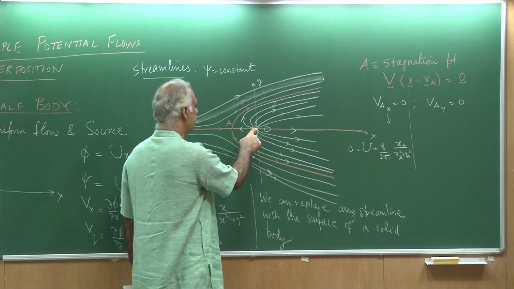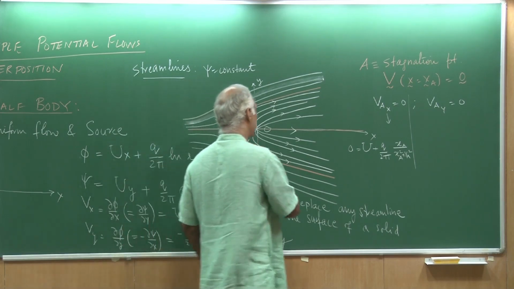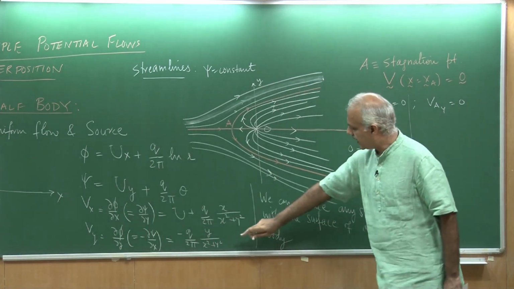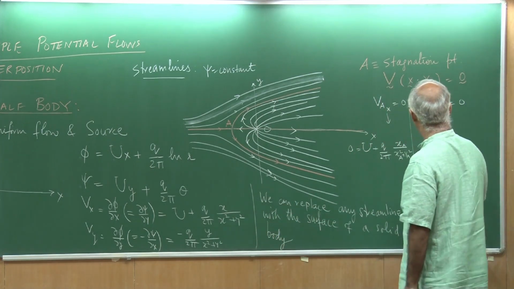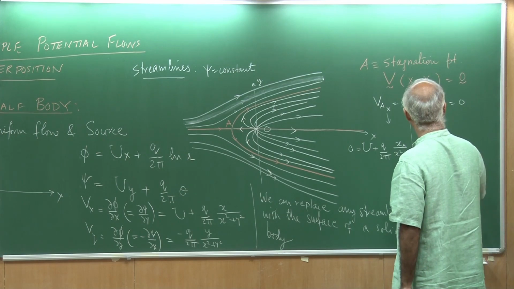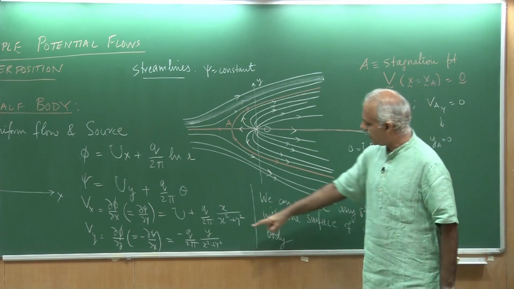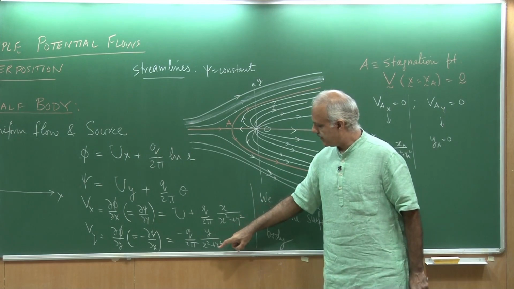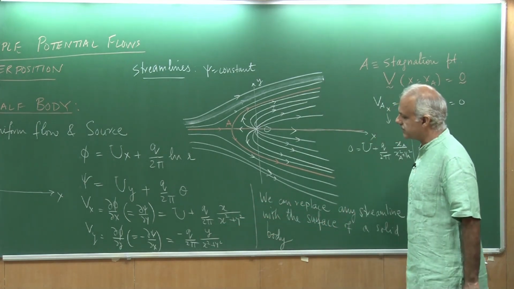Now if I want v_y, the y component of velocity, to be 0, then I have to take this equation, and this would simply give me that y_a is 0.